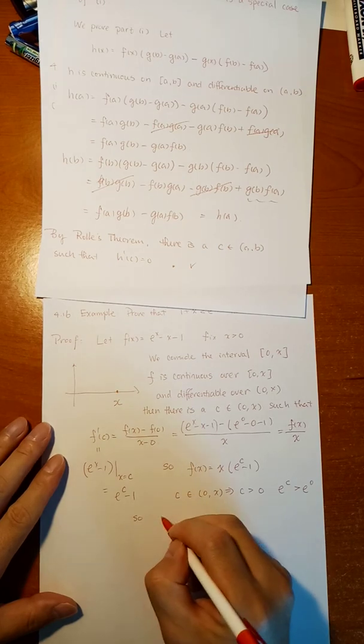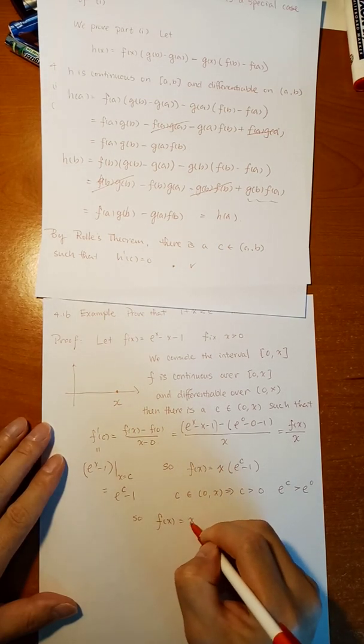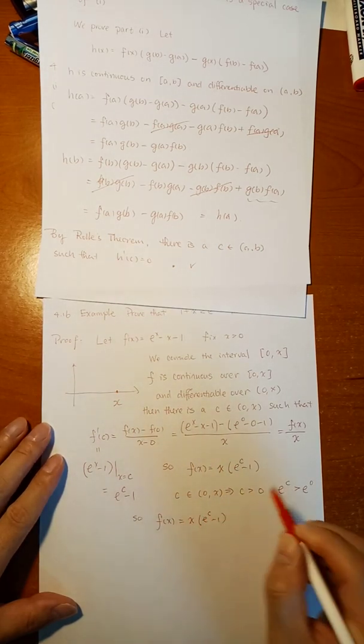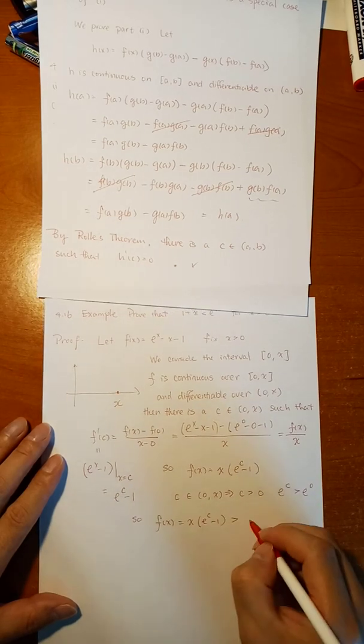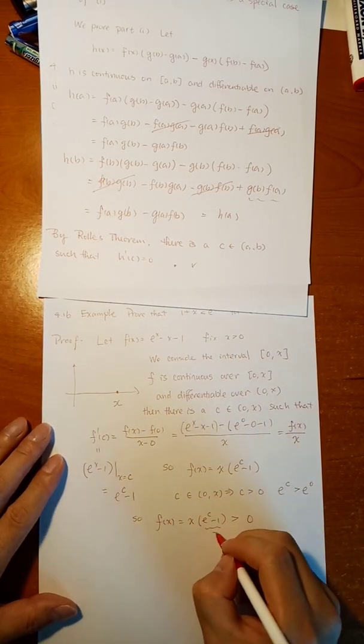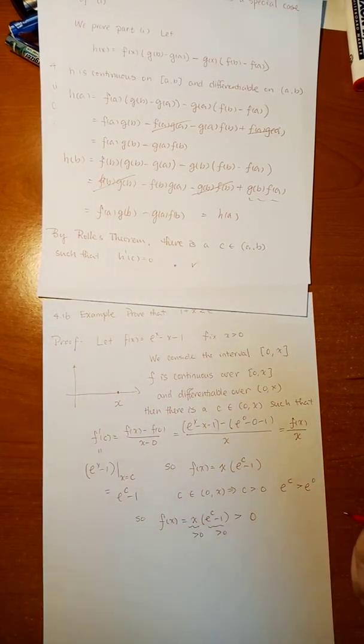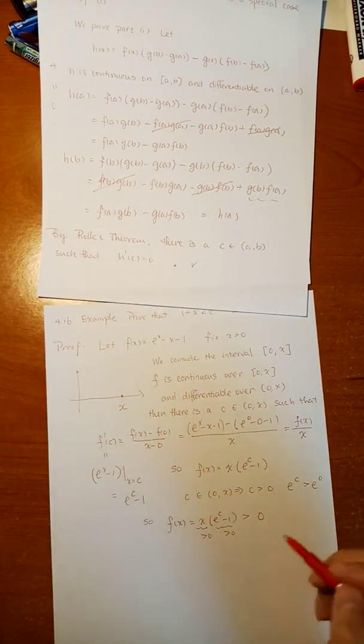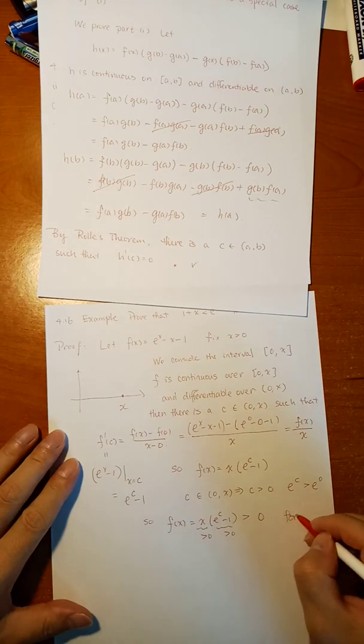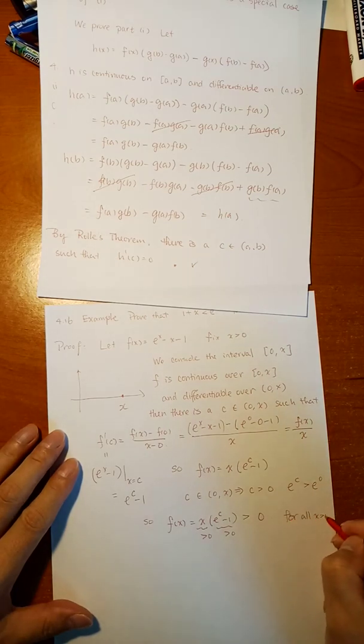So this difference is greater than 0. x also is greater than 0, so the product is greater than 0. So you are done.